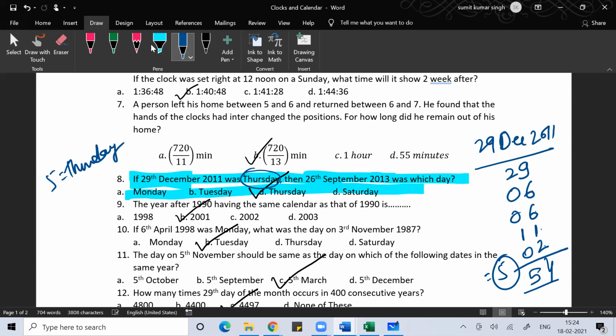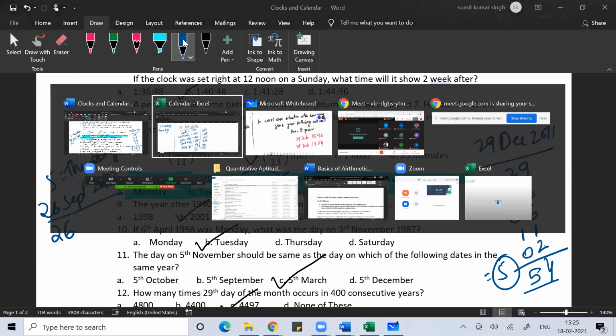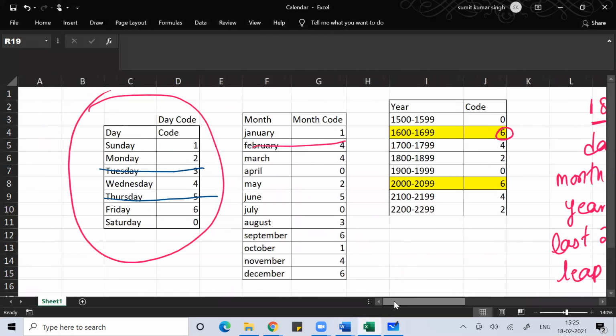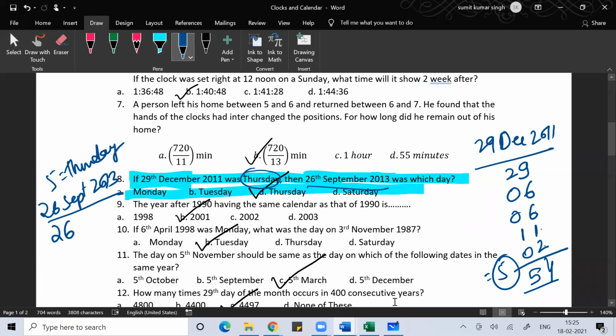So 5 means Thursday. I don't know whatever the actual day was. So 5 means Thursday. Now you check 26 September 2013, which day. The date is 26, September. What is the code of September? September code is 6. 2000 code is 6. 13 is the last two digits of the year.